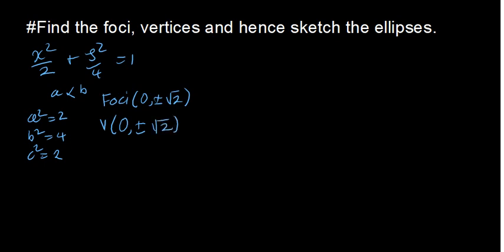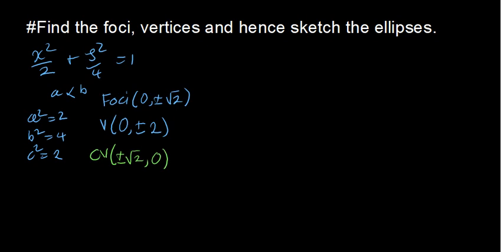No. It's supposed to use b, so it's supposed to be just 2 there, because our b squared is equal to 4, meaning our b is equal to 2. So I almost made the mistake there, but I realized it anyway. The co-vertices are supposed to be on the x-axis, so you're going to have plus or minus a, which is the square root of 2, comma 0.